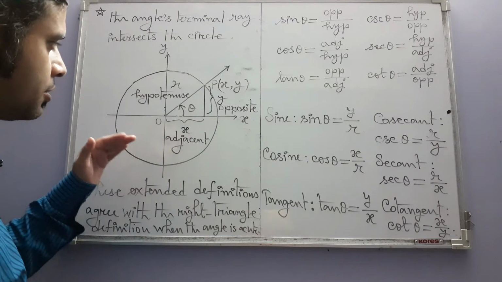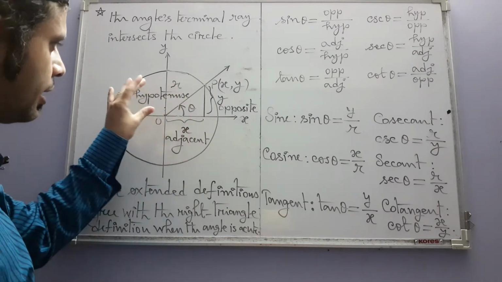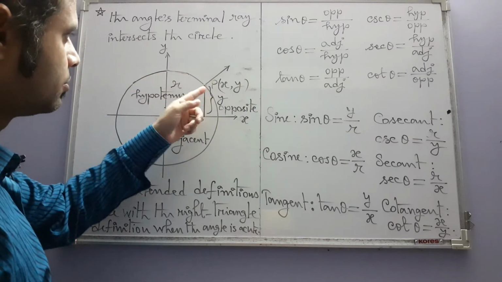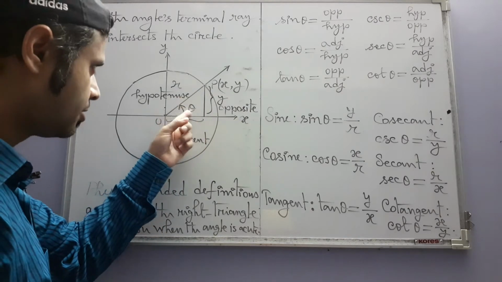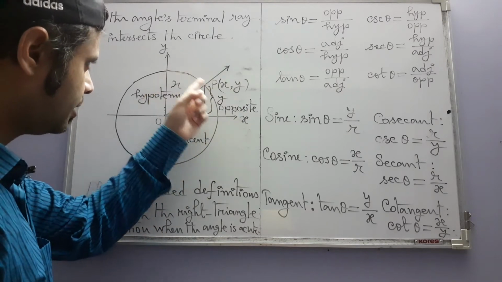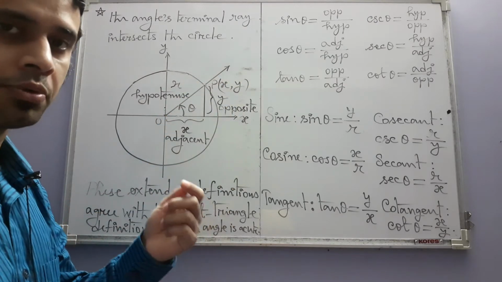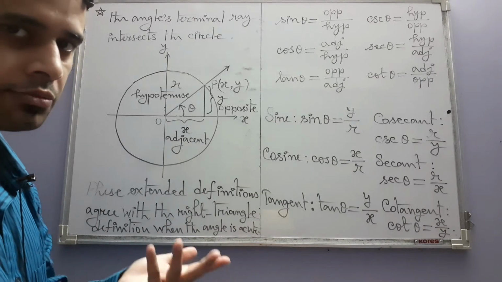And note that because of the way we have put the angle in the standard position here, and because the angle is acute, P will lie in between these 2 points. So x and y are both positive, they are actually lengths, none of them is negative or 0.